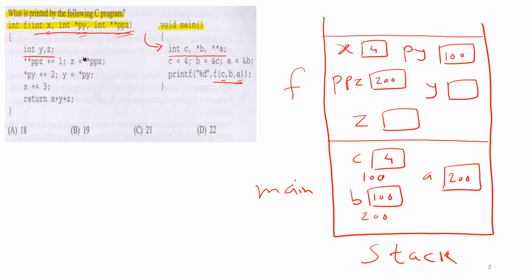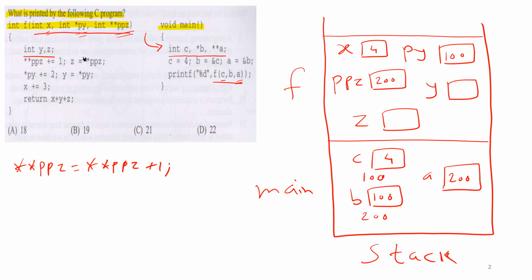Okay. Now we have a few statements. One of them is **ppz += 1. What does it mean? Now we know what ppz is. ppz is 200.